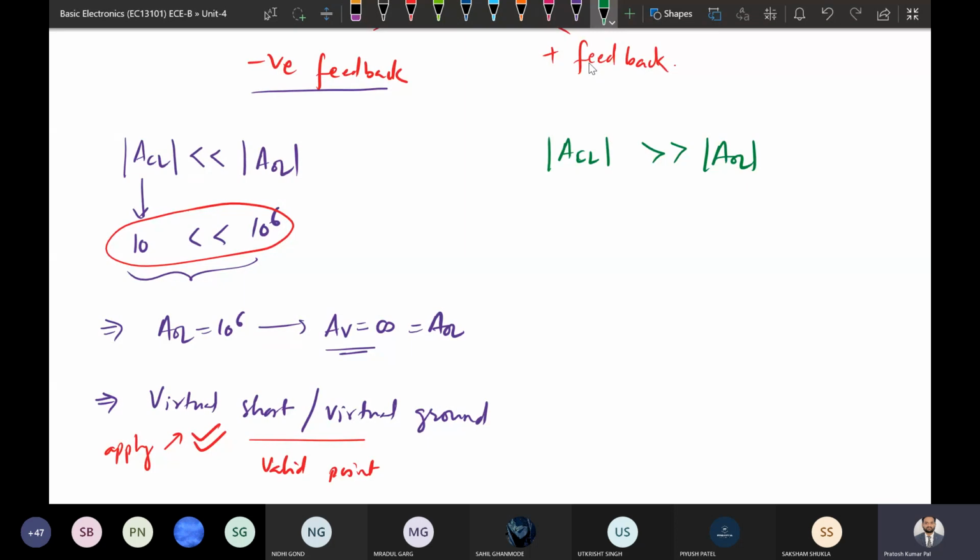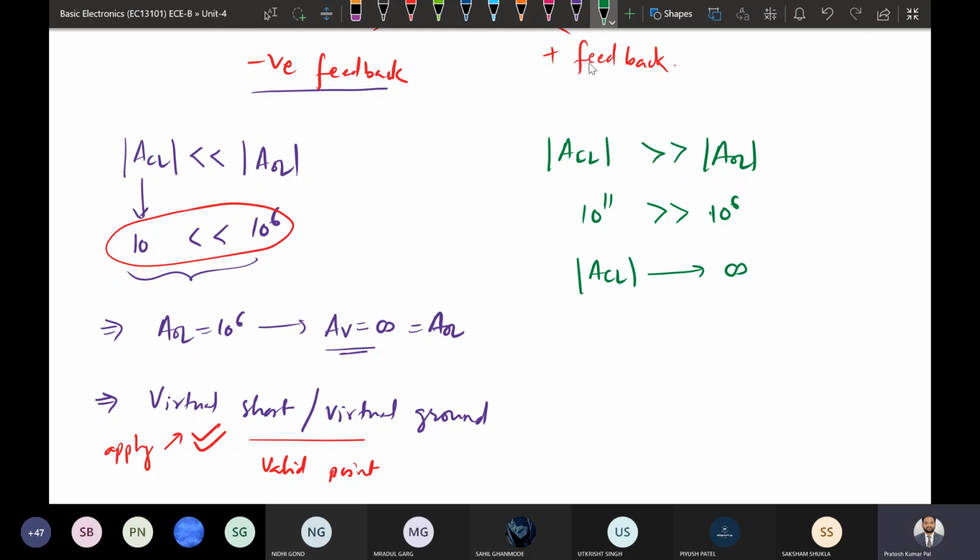The comparison will be of the order of 10 power 11, while the open loop gain is 10 to the power 6. So by comparing these two values, the closed loop gain can be considered as infinity in comparison to open loop gain.